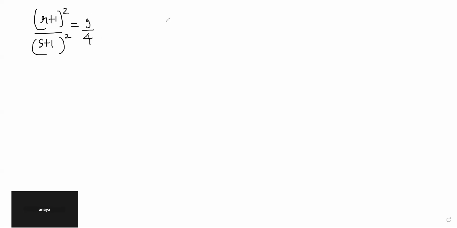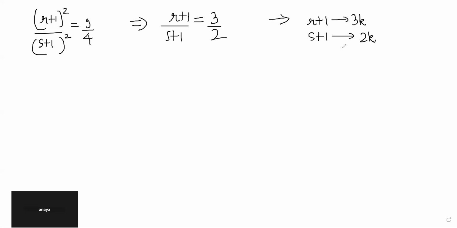From here we got r plus 1 by s plus 1 is 3 by 2. And we can say r plus 1 is 3k, s plus 1 is 2k. This is the first piece of information, and we are going to use 3k and 2k from now on. The second piece of information was about the equation that we made.